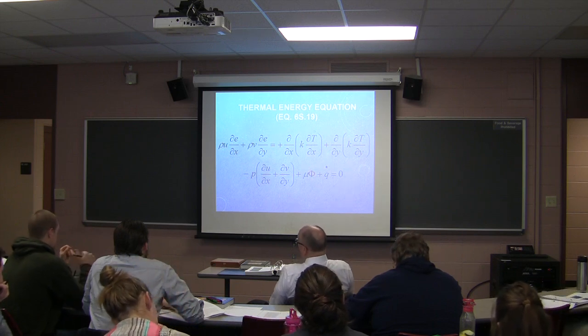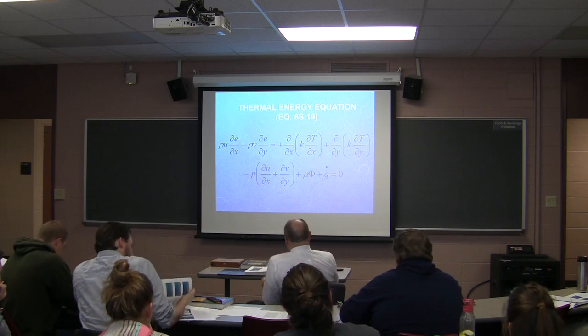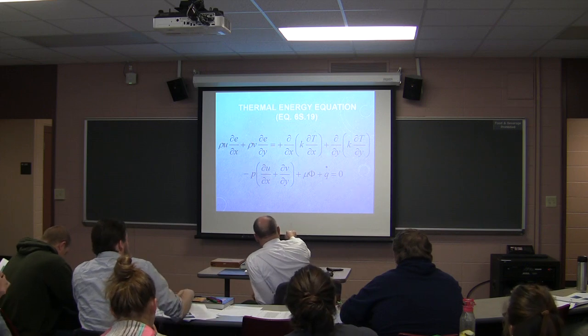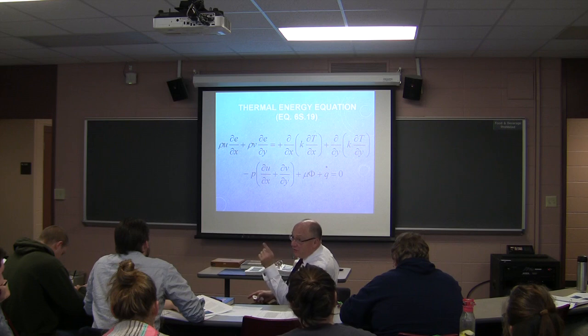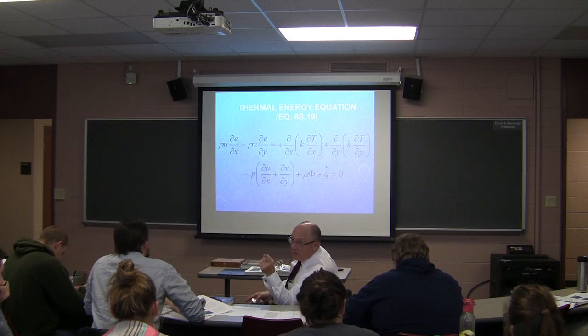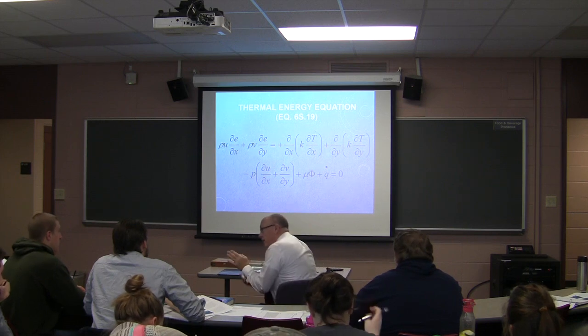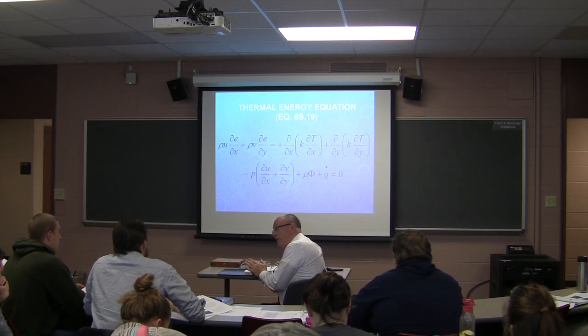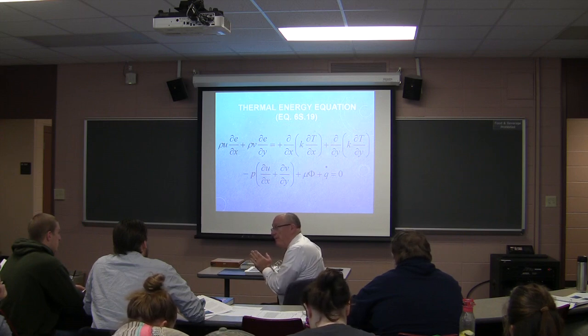Plus, if you have any chance of doing this, you've got to go to the supplemental reading and read the hints that they give you getting from 6.18 to 6.19. Because it's not just a question of doing the math. It's a question about applying the boundary layer similarity, the boundary layer assumptions.